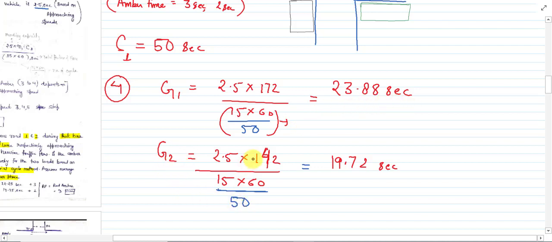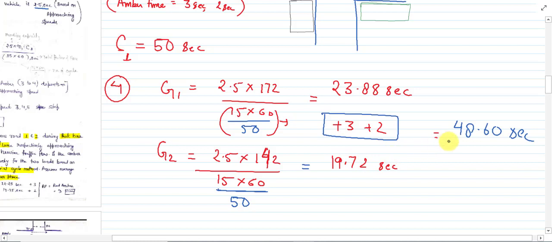Similarly for G2, we change N1 to the N2 count and we will get 19.7 seconds. Now add these two values with 3 plus 2, which is the amber time. We will get 48.6 seconds, which is not equal to our C1. The C1 we assumed is 50 seconds. Now we change our C1 to some other value.